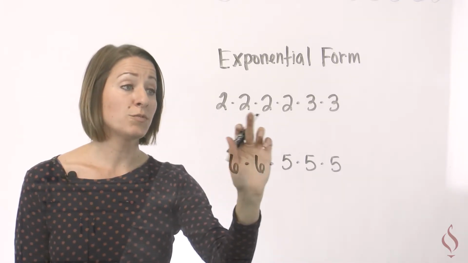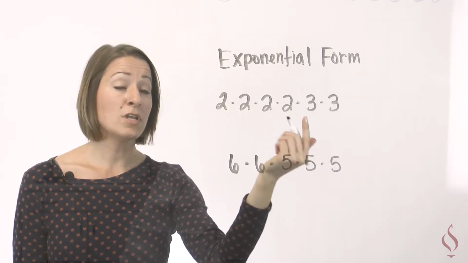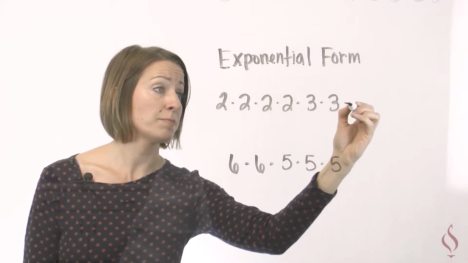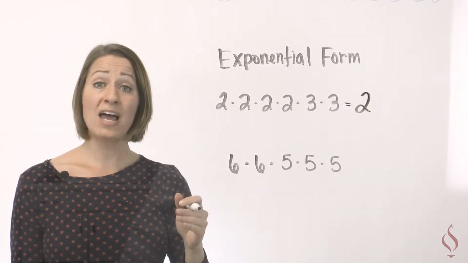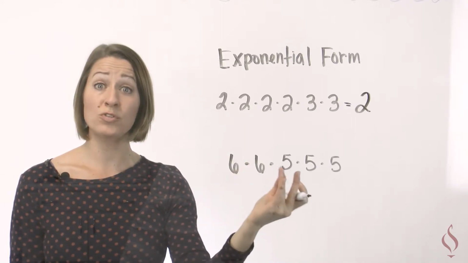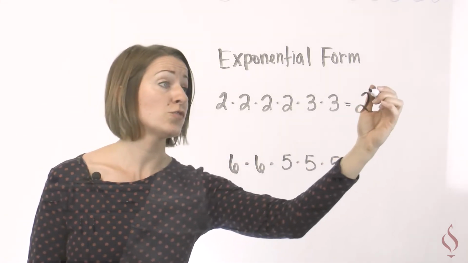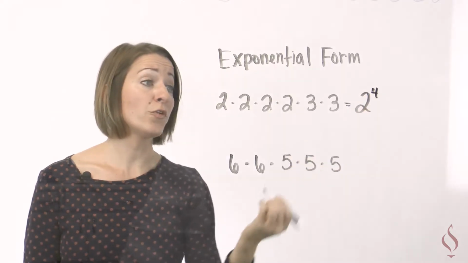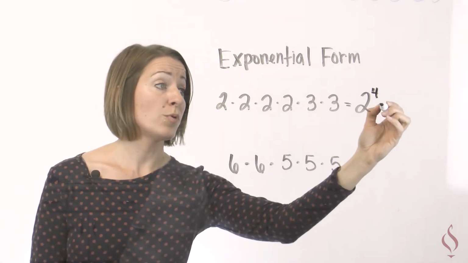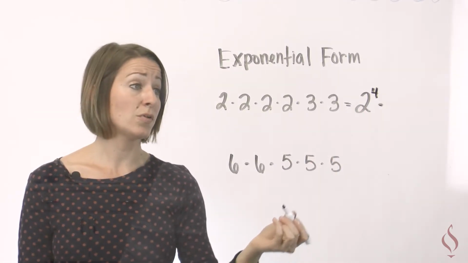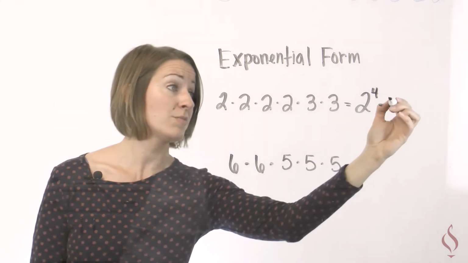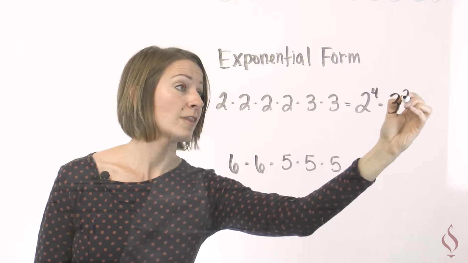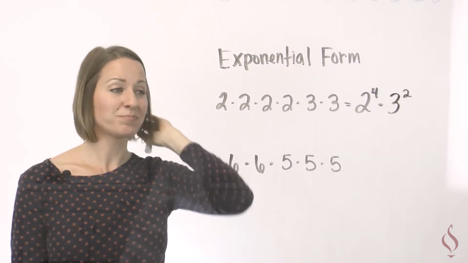The repeated number becomes our base number. So we'll write a big 2, and then we'll count how many of those 2's were multiplied together. In this case, there's 4, so our exponent will be 4. We'll put another multiplication symbol, and we have 2 3's, so the 3 is the base number, and the 2 is the exponent.